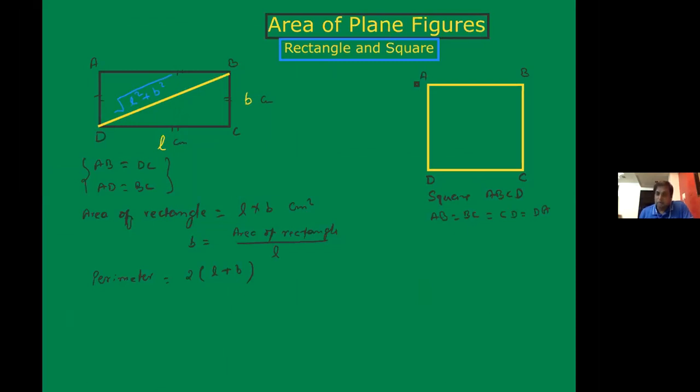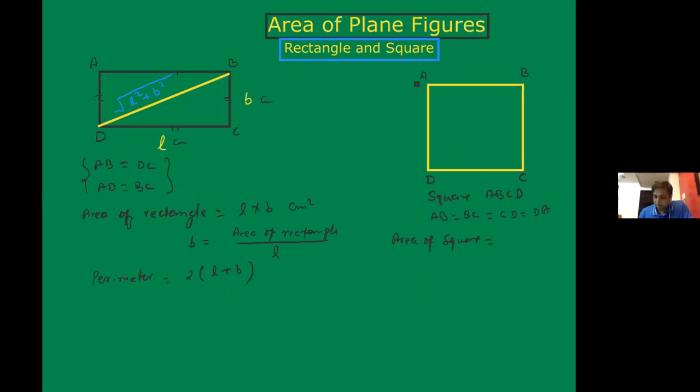So how to find the area of the square? Area of the square equals length into breadth, as we said in the rectangle.